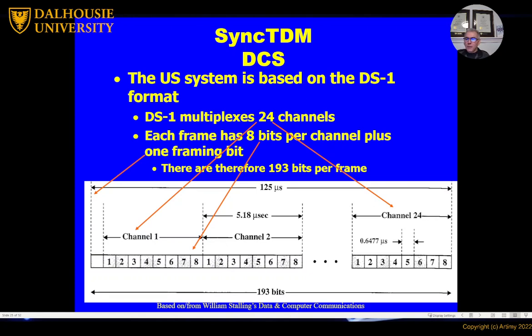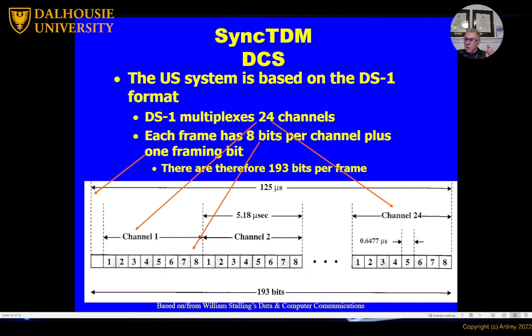Why 128 microseconds? Well, take the 1 over 125. I said 128, 125. Okay, so I am seeing it here, I'm reading it incorrectly. So we have to send the entire 24 channels plus the framing bit in exactly 125 microseconds.